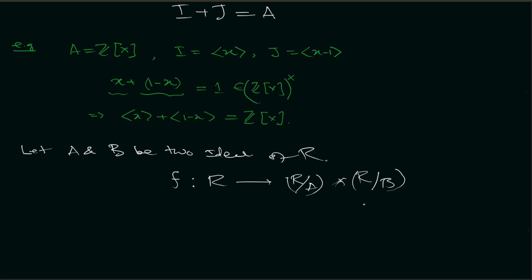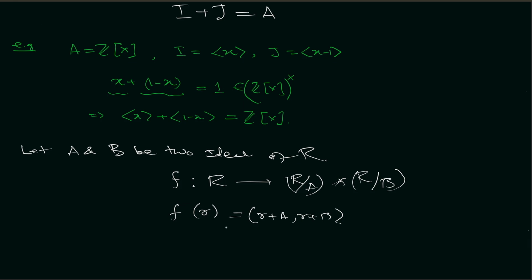You can see that f sends any element r to r plus A, r plus B, and f is a ring homomorphism. It is very easy and obvious to check that f is a ring homomorphism.